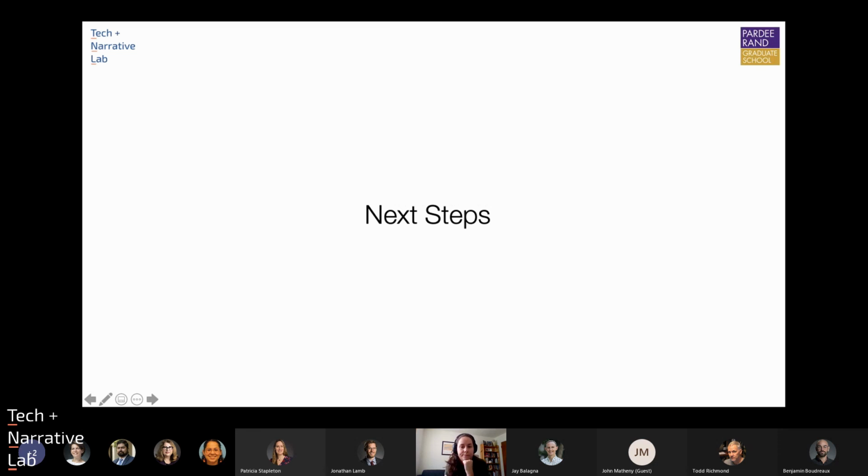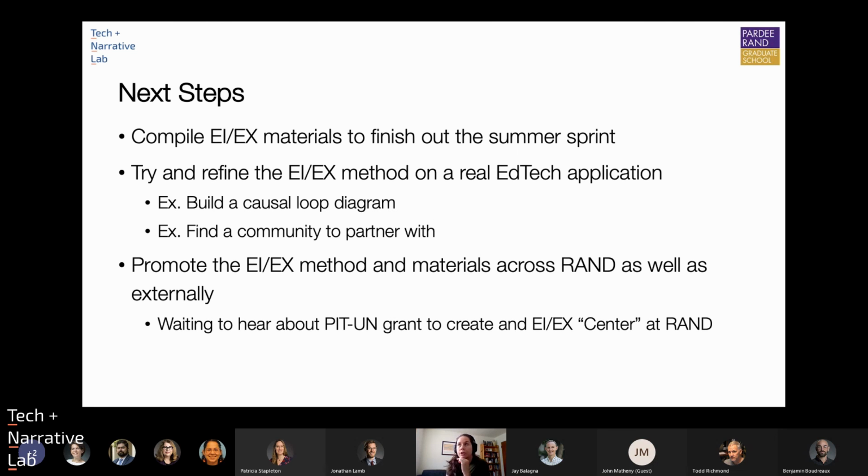for this whole group, I think the goal of the summer sprint was really to build this community of practice, move forward the thinking to say, okay, if we were going to really take an application like an EdTech application of technology and apply an EIEX method, what would that look like?